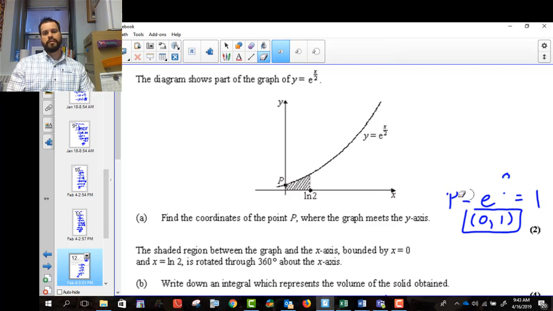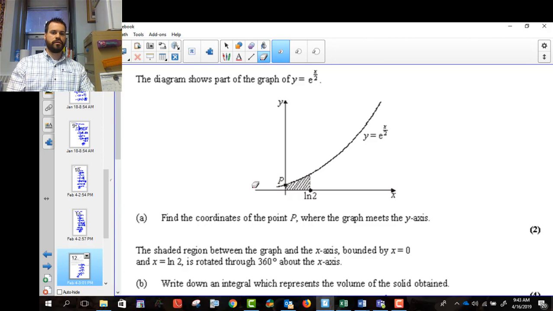All right. So here's a question. It gives you a function. It says y is equal to e to the x over 2. And then it says you're going to go from point P to point ln 2. And it says, first of all, to find out what's the coordinate of the point P, where the graph meets the y-axis.